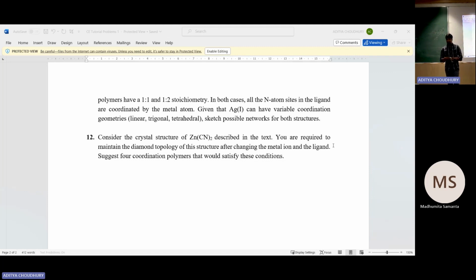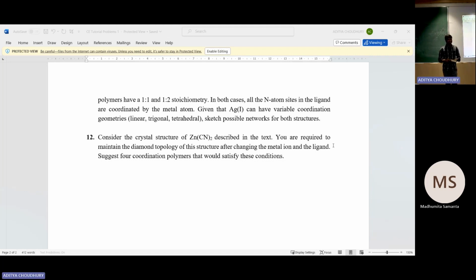Silver, yes. In principle, if you write it, I have to give you full marks, but in reality, that's a different thing. Gold forms linear geometry, so by all means you can write it.